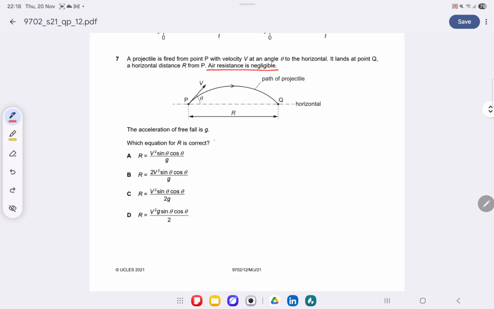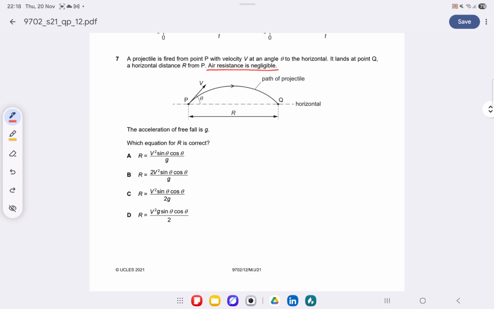So in analyzing a question like this, let's keep note that in the horizontal direction of a projectile, the velocity is constant. So the horizontal velocity is constant, which means that the acceleration in the horizontal direction is zero because the speed is constant.